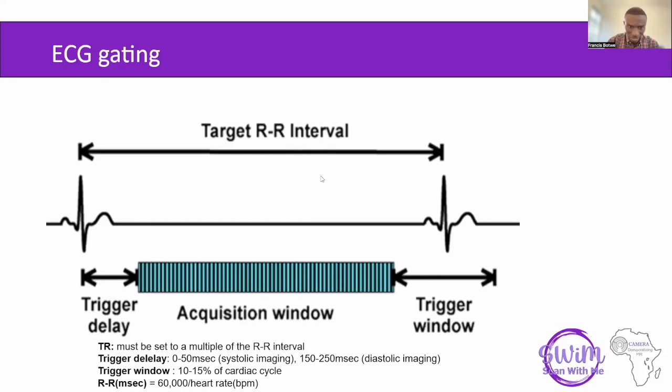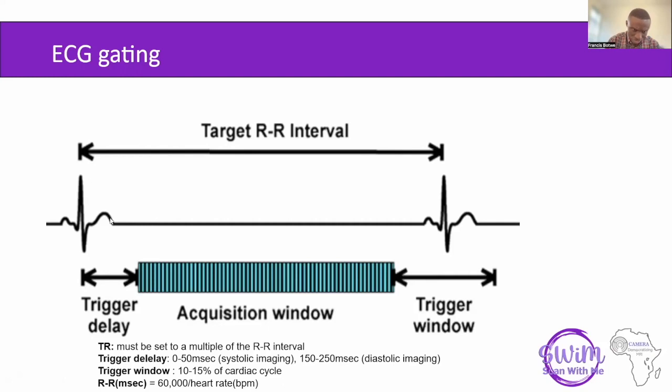You can see that there is an acquisition window here. And this is where we want to acquire our images. The trigger delay here, we don't want the turbulence that happens here. That's the P wave and the QRS complex and the T wave.